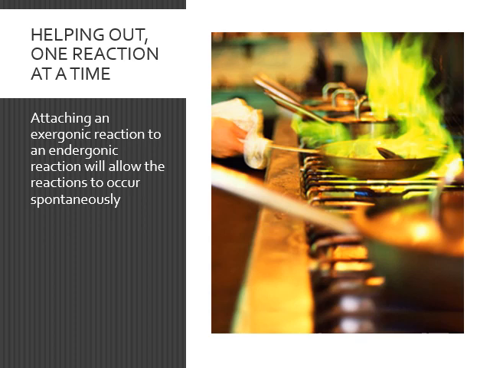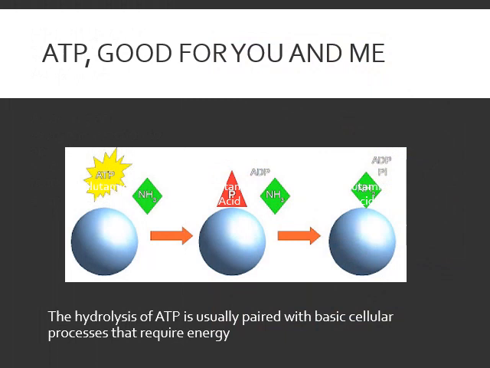That's why, even though energy is neither created nor destroyed, you have to keep eating. You need to keep replenishing the usable energy. So you pair the hydrolysis of ATP with your other reactions. Questions so far?